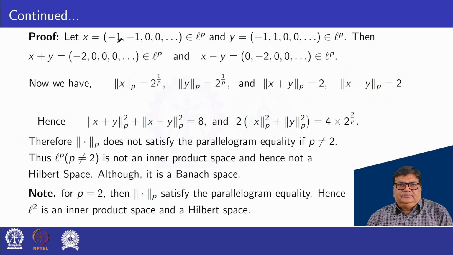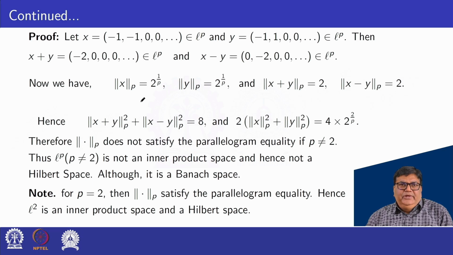And x minus y is -1 minus -1, that is 0, then -1 minus 1, that is -2, 0 minus 0 that is 0, and so on. So x plus y is -2, 0, 0 and so on, and x minus y equals 0, -2, 0, 0 and so on.